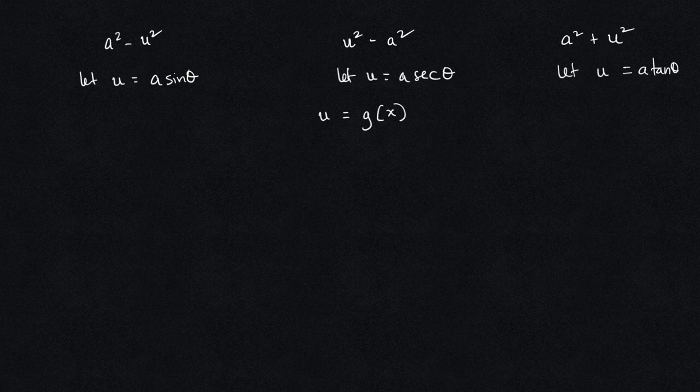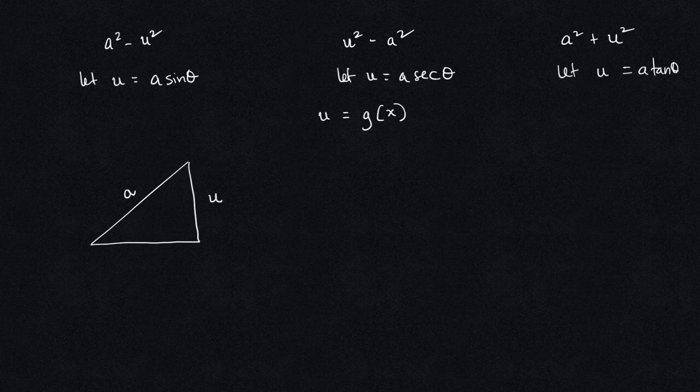The reason why we let u be certain trigonometric functions is because of the relationship that we see in a right triangle. If we have an a squared minus u squared, then using the Pythagorean theorem, the hypotenuse has to be a, and therefore one of the remaining sides has to be u.